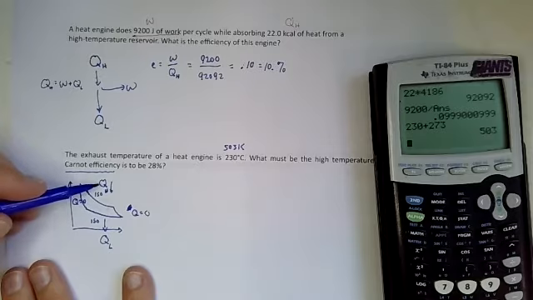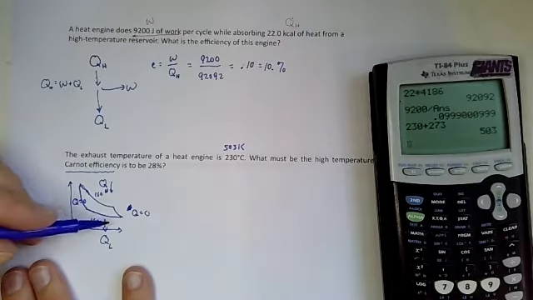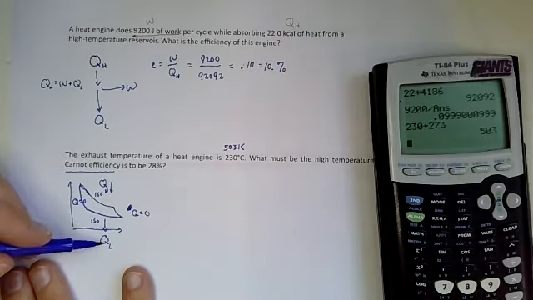So on the isotherm, that's when we are harvesting Q, and on this isotherm, that's where we're exhausting Q.